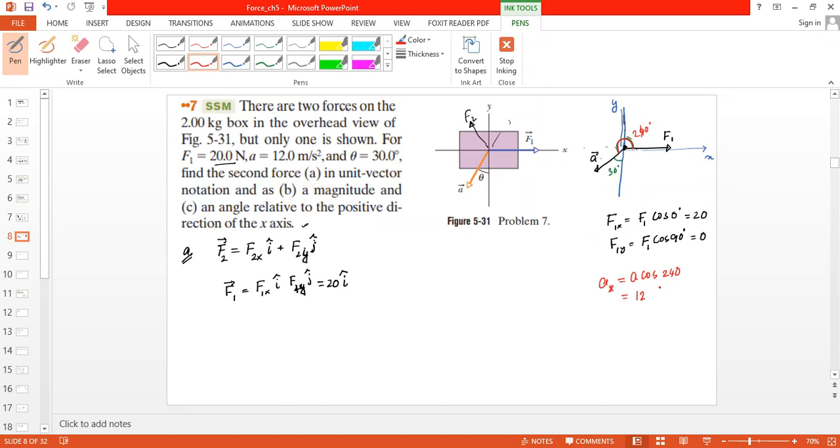Okay, let me do it myself. 12 times minus half. cos 240 means minus half, right? Yes, sir. Minus half, that equals minus 6. So ax equals minus 6. And again, ay is the y component of acceleration, the angle it makes with the y-axis. See what angle it makes with the y-axis: this is 90 and then 60, 150. That should be a cosine of 150. So a is 12. Cos 150 means what?